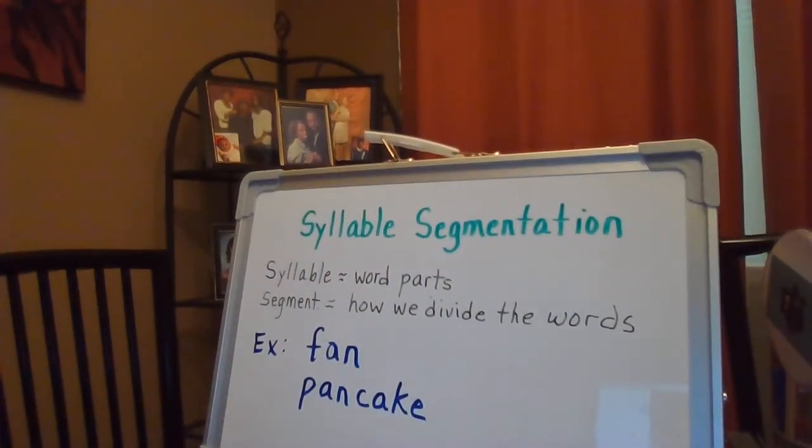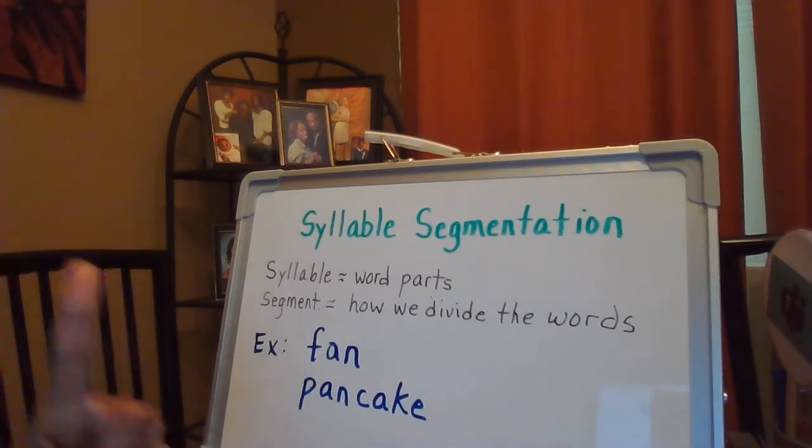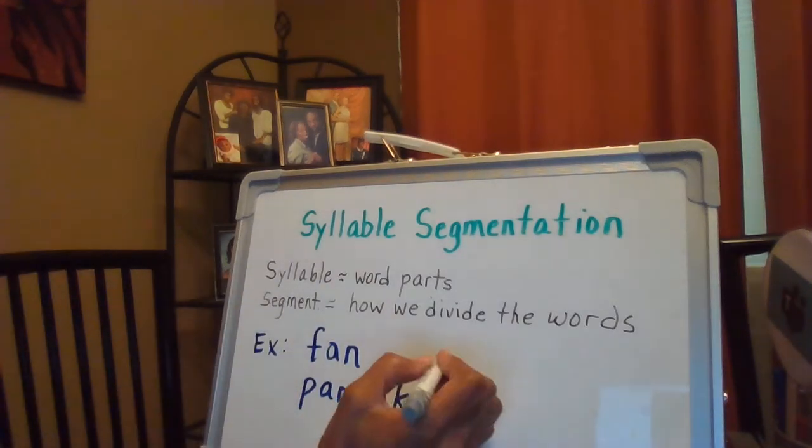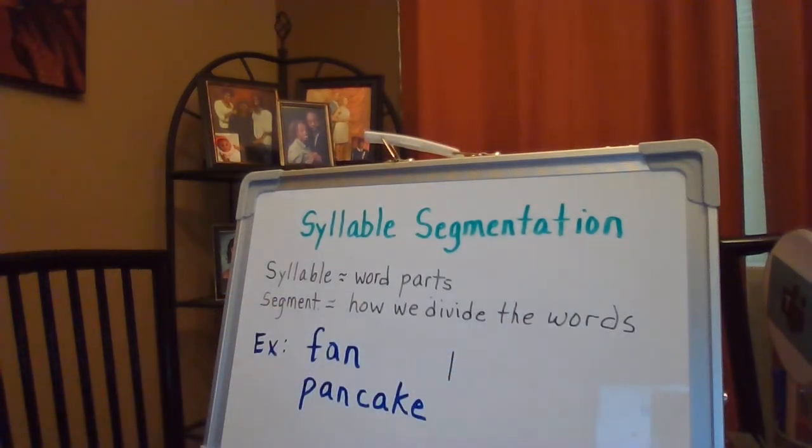let's take the word fan. When I say the word fan, I'm going to clap. Fan. Fan only has one syllable. One syllable. So I'm going to put the number 1. Now, if I say this next word, I'm going to clap. You're going to tell me how many syllables. Pancake.